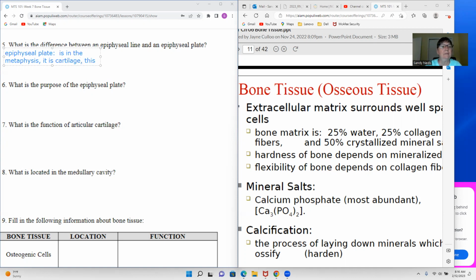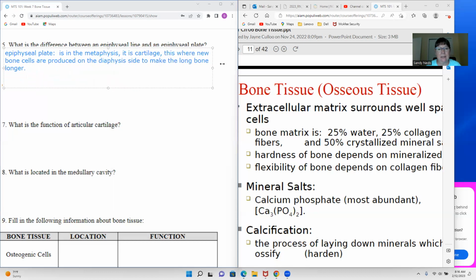And this is where new bone cells are produced, let me add one more thing to this, produced on the diaphysis side to make the long bone longer. That's the epiphyseal plate. That's what it does.